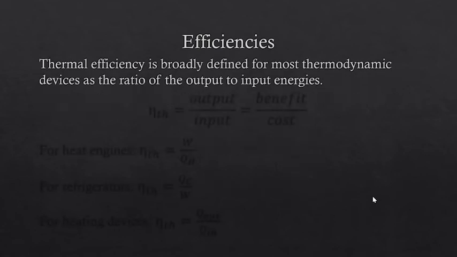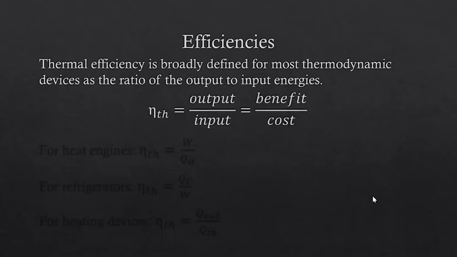The second type, thermal efficiency, is broadly defined for most thermodynamic devices as the ratio of the output to input energies. It can also be viewed as the ratio of benefit to cost in terms of energy. We will go back to this concept in our future lessons, but for now, here are the definitions of thermal efficiency for different devices.